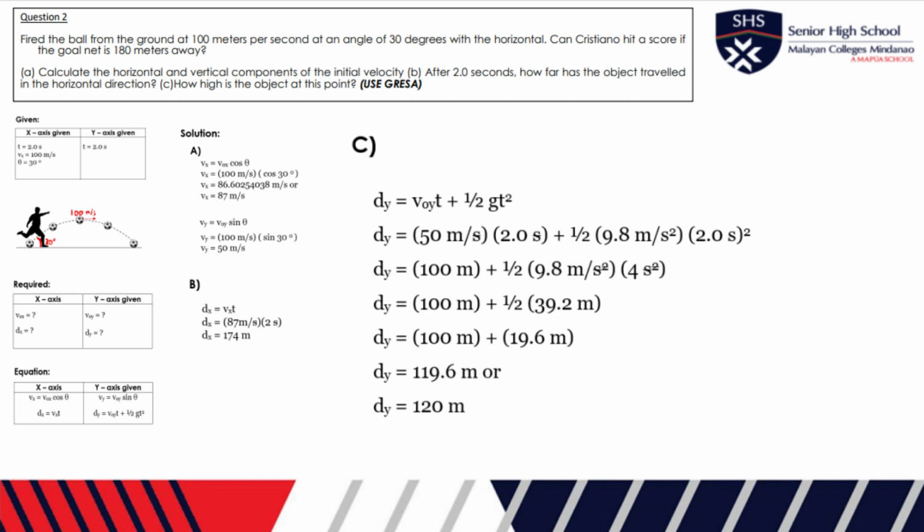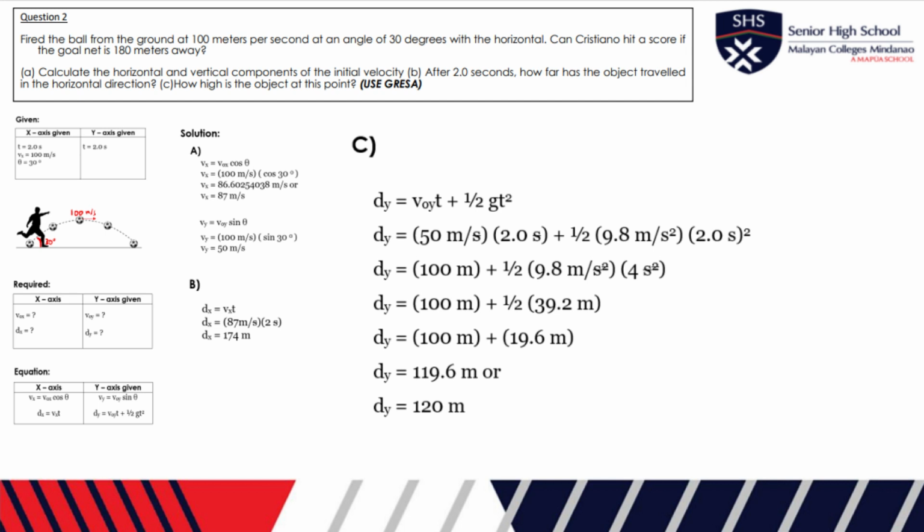So you just need to substitute each value for each variable, giving you 50 meter per second multiplied by 2.0 seconds plus 1/2 multiplied by 9.8 meter per second squared multiplied by 2.0 seconds squared. Now do the operations, and we have 100 meter plus 1/2 multiplied by 9.8 meter per second squared multiplied by 4 seconds squared.